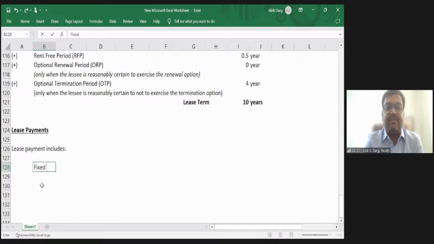First of all, fixed lease payment, plus in substance fixed payment. Okay.